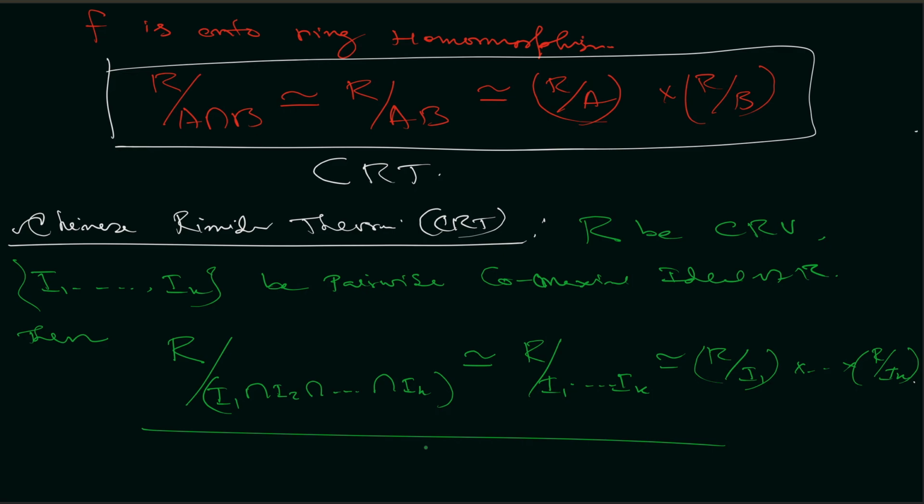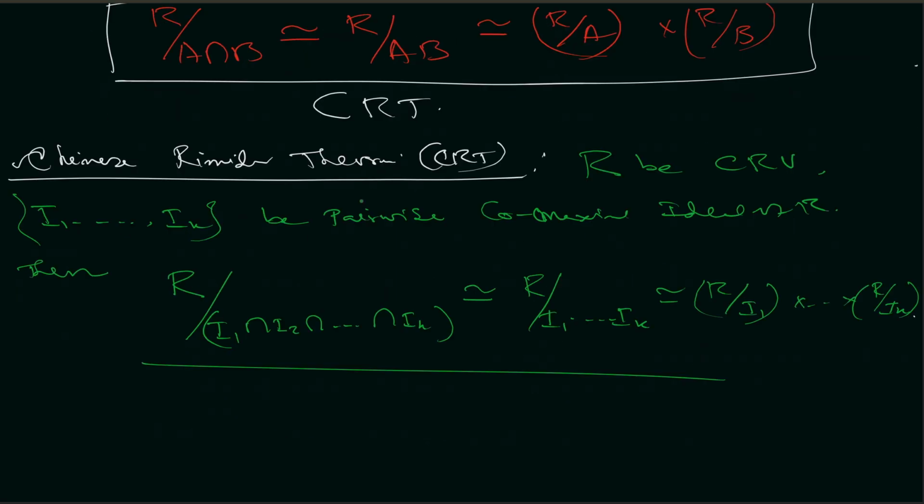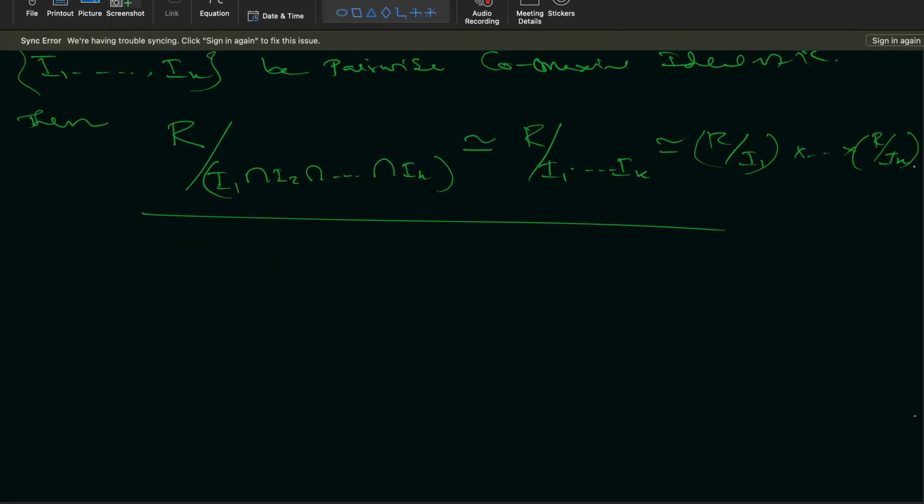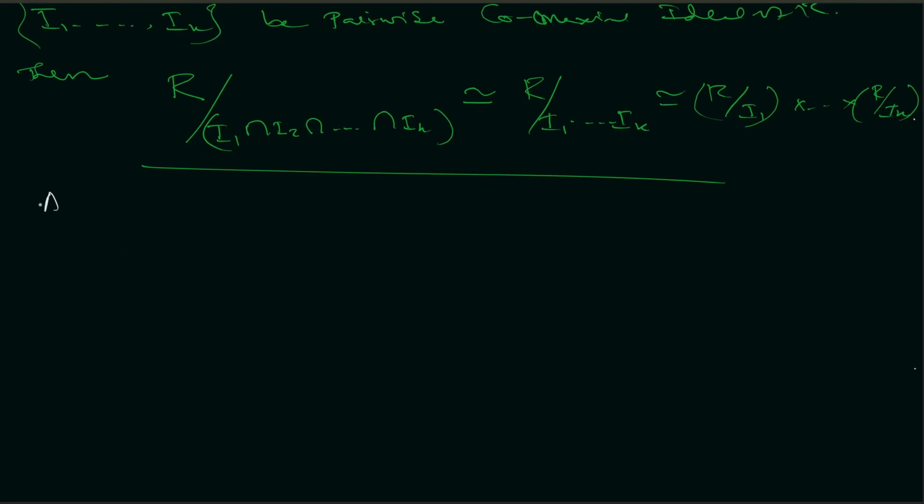So what are the applications of the Chinese remainder theorem that I will define right now? Suppose you know the group Zn, or Z mod Nz.